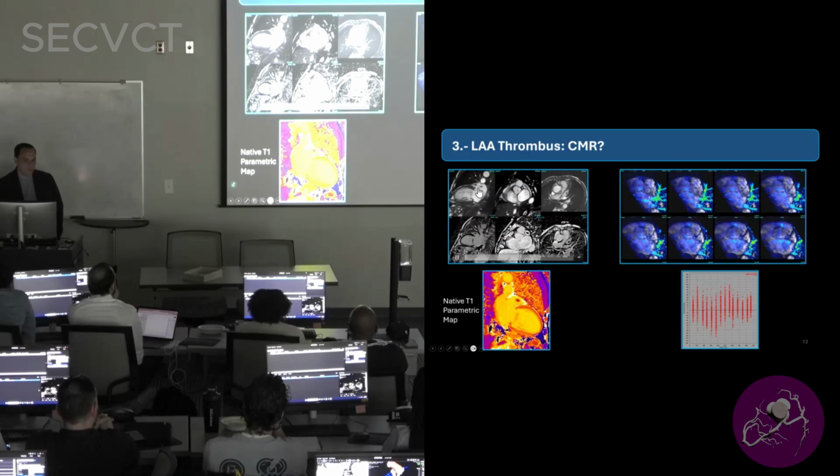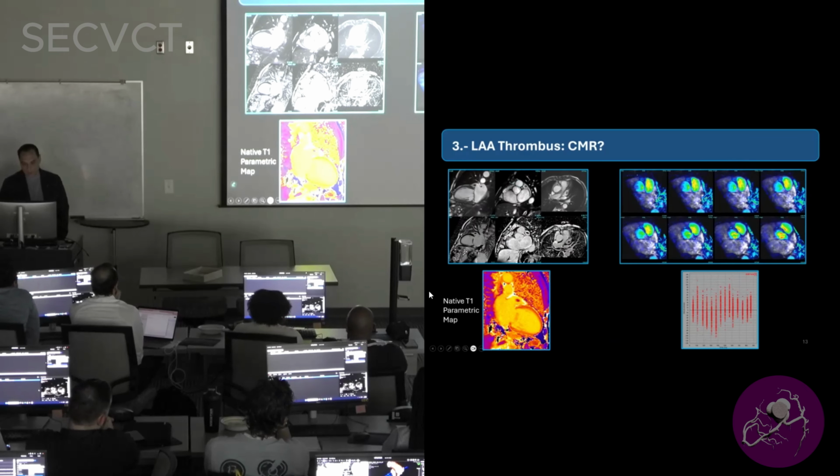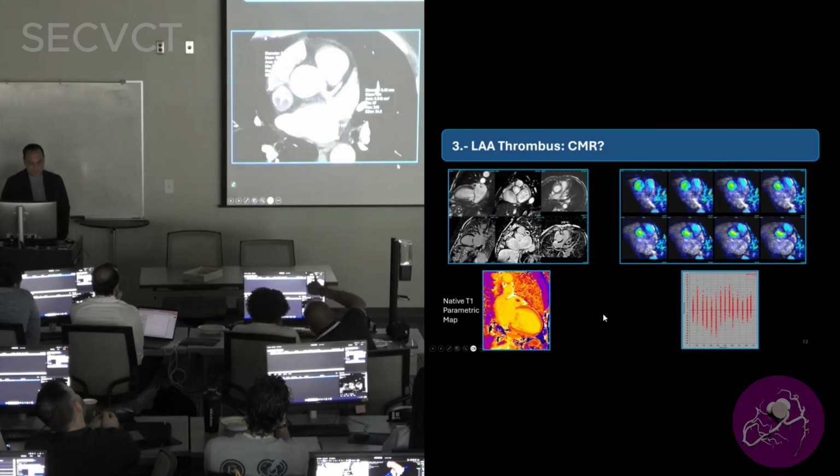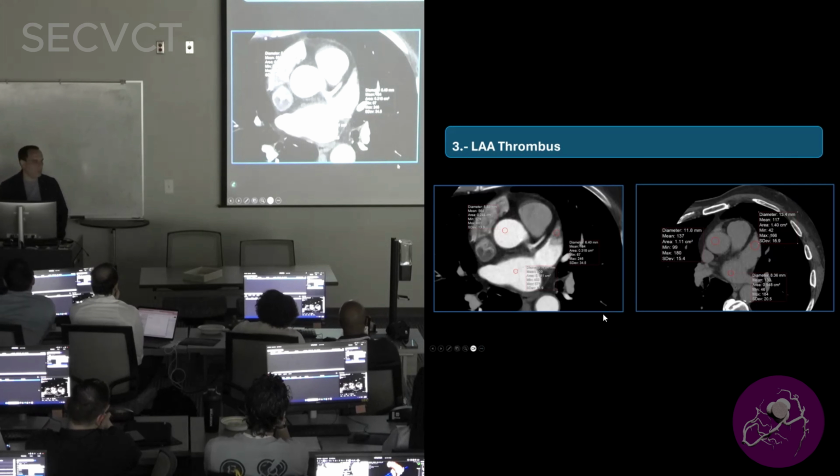You can see this thrombus in the left atrial appendage floating, almost aching to embolize, and you can see it here on the 4D flow CMR with abnormal flow values, and you can see the T1 area.